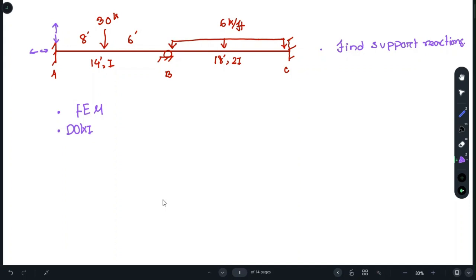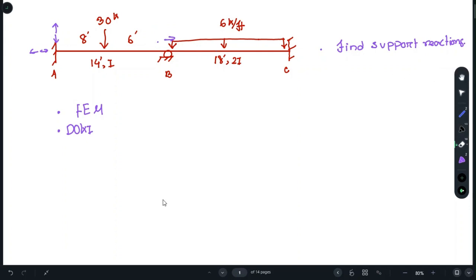It goes for support C as well, but you can apply a rotation on support B, but you cannot make it go in X direction or in Y direction. So here you can see that we can apply only a single Doki, which is for rotation in support B.